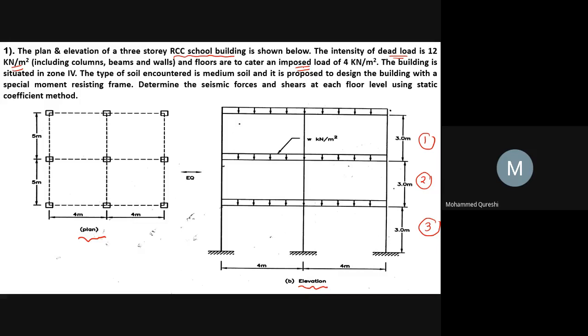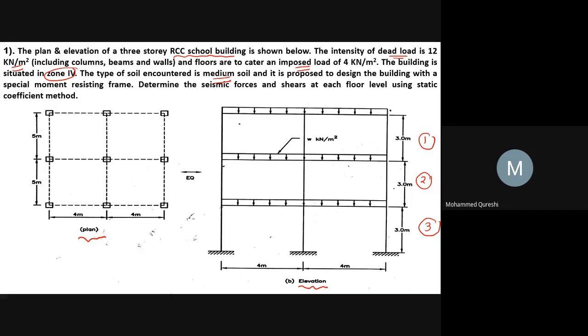Live load is given as 4 kilonewton per meter square and the building is situated in zone 4. So this data will help us for getting the value of zone factor from IS 1893 Part 1 2002. And the type of soil encountered is medium soil.